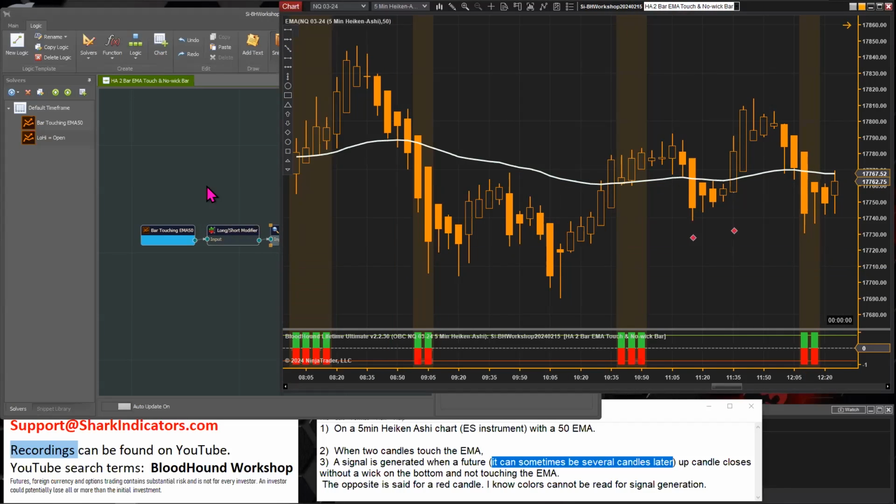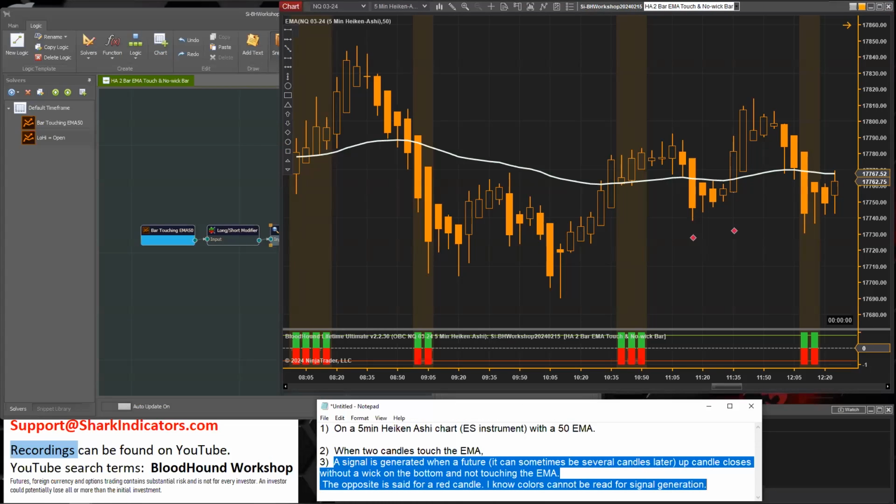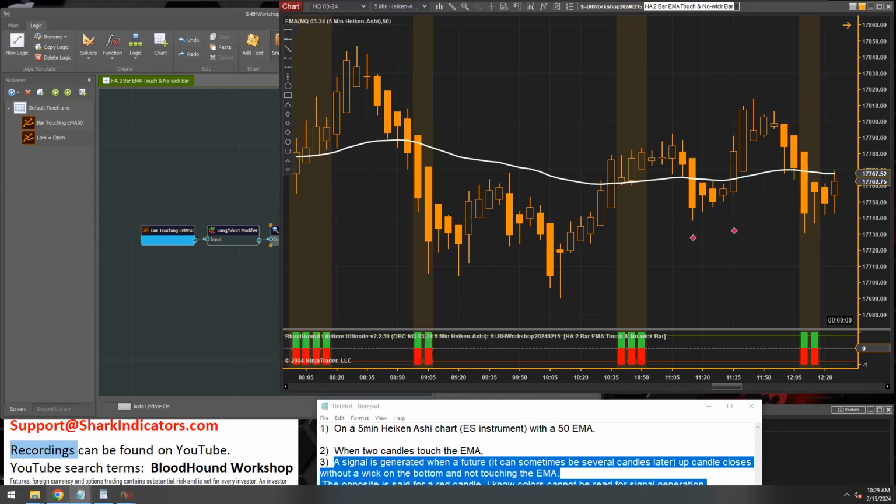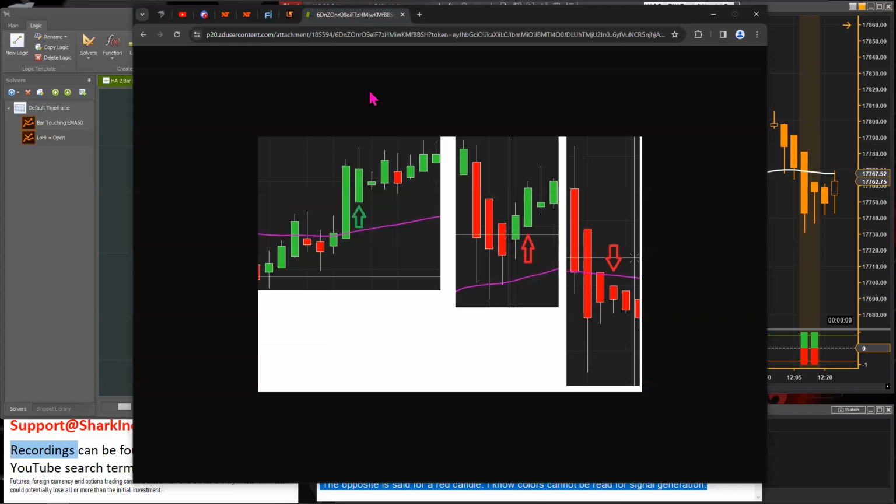We need to get a third condition added in here, which is not a part of these instructions. It's not written, but it's implied by the screenshot, which I didn't show yet. There were some screenshots provided of some examples. You can see we have this purple EMA here, and we can see we have a couple of bars touching.